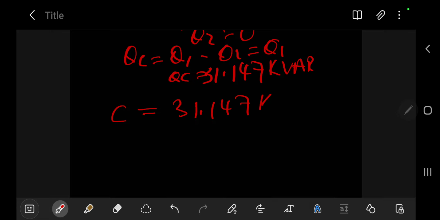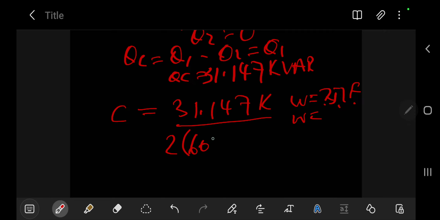Remember, it is QC over omega V squared, but omega, the angular frequency, is given by 2 times pi times the frequency. We were given the frequency in the question, which is just 60.